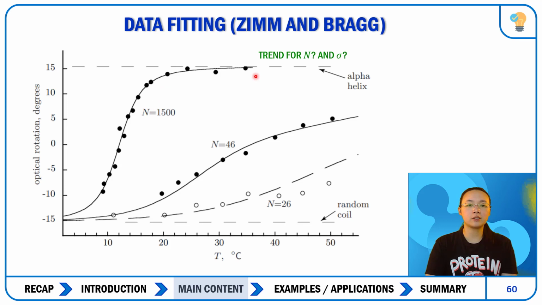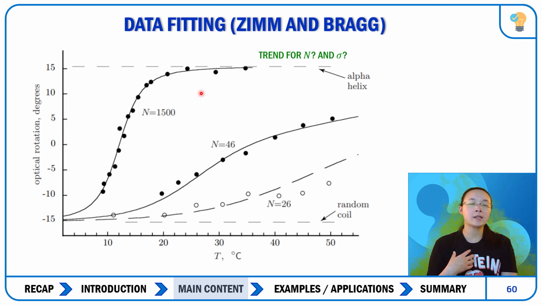So the top dots are polymer chains with 1500 monomers, middle dots have 46 monomers, and the bottom dots have 26 monomers. So we notice that the larger the polymer chain, the sharper the transition from random coil to alpha helix. So that tells me that larger polymers are more sensitive to temperature changes.